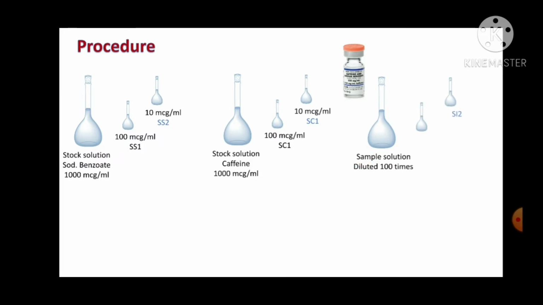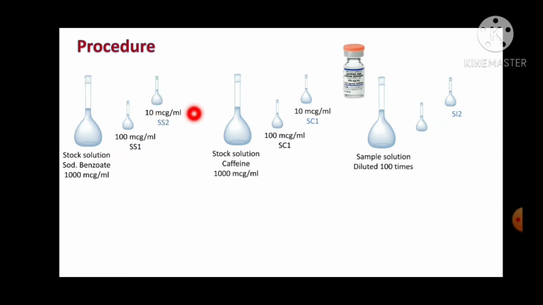From this you can prepare two dilutions: take 1 ml and dilute to 10 ml, and again from this take 1 ml and dilute to 10 ml. We can refer to it as SI2.